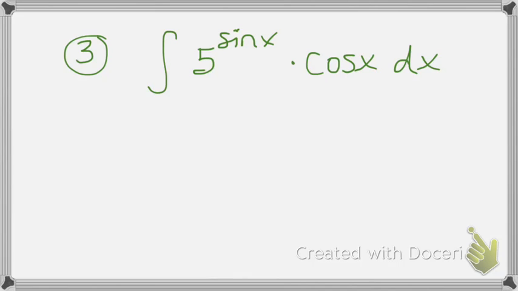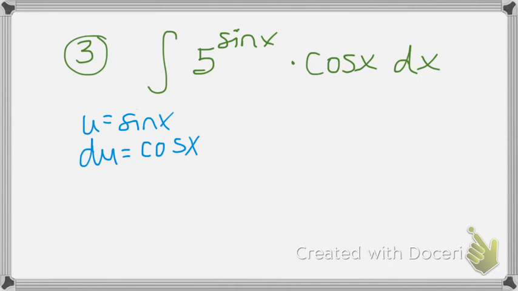Okay, so here's another problem. 5 to the sine of x times cosine of x. So what would we let u be? And so du is cosine, which is there.